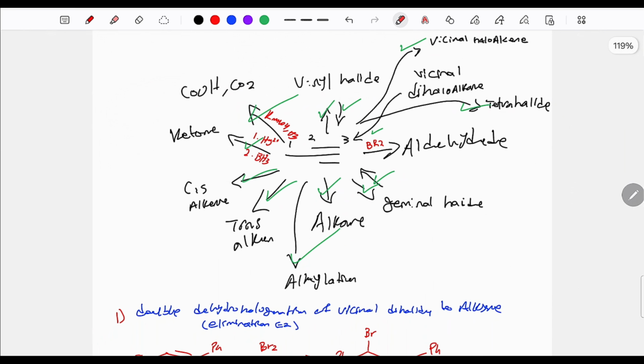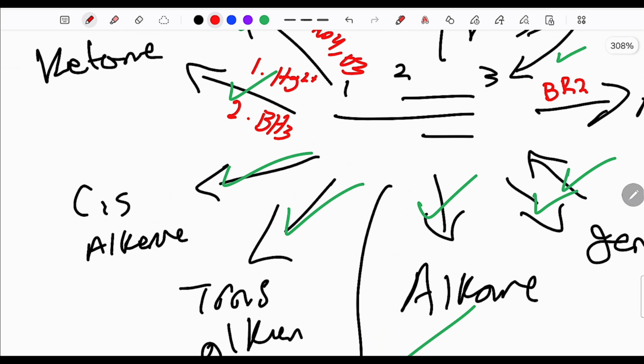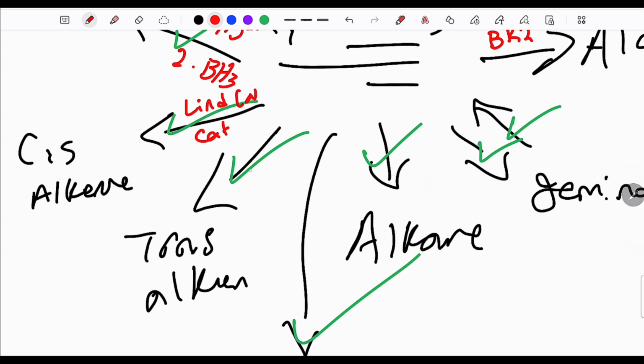How can I make a cis-alkene? With a cis-alkene, you need to use a Lindlar catalyst. For a trans-alkene, you need to use dissolving metal reduction.